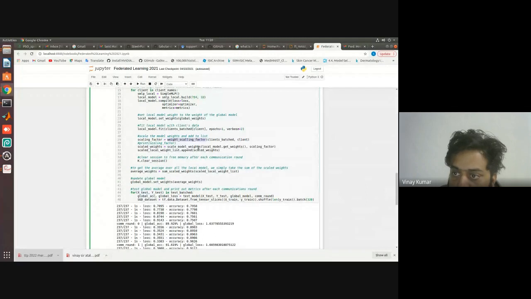After that, we have scaled those weights. This is the scaling factor that we are calculating. Then we are scaling those particular local weights. This is nk divided by n, and we are scaling our local model by this scaling factor. We are appending them to our scaled weight list. This is happening for every client.